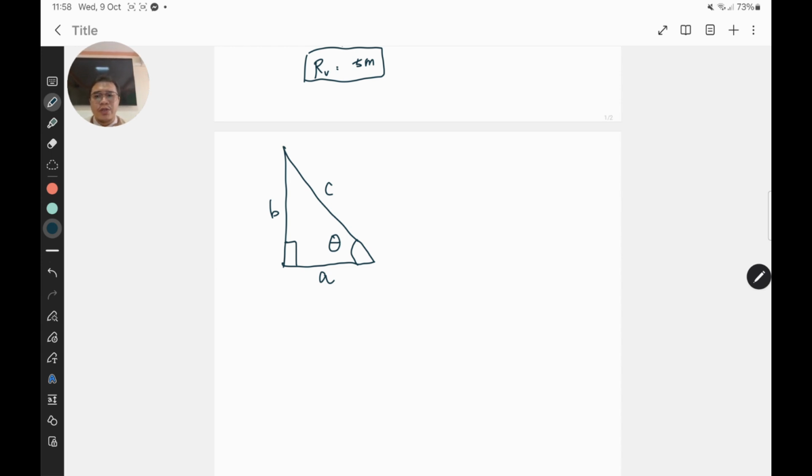So we can actually solve for the sides given a certain angle using this very important relationship, SOH-CAH-TOA. So for SOH, that means sine of theta is equal to opposite over hypotenuse.